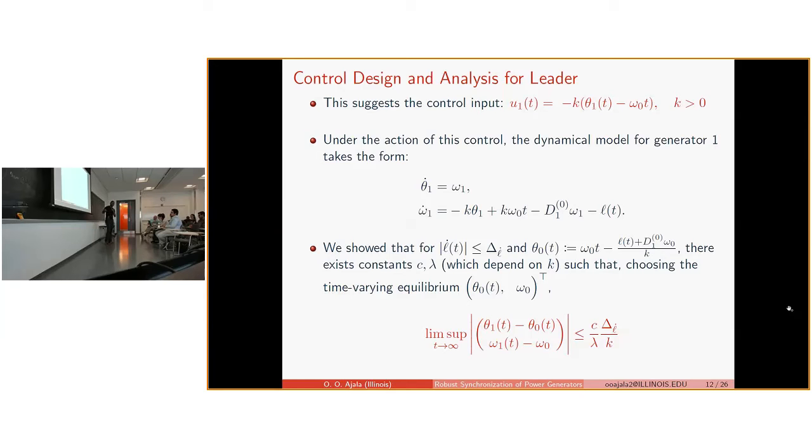So this is a bound that characterizes the performance of the control system. And for large values of k, we were able to show that this bound is conservative. And I'll show that in the results as we move along.